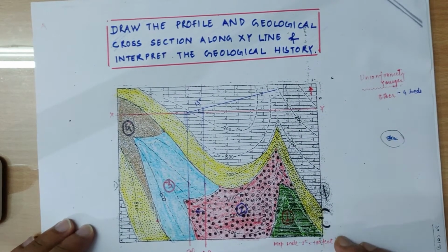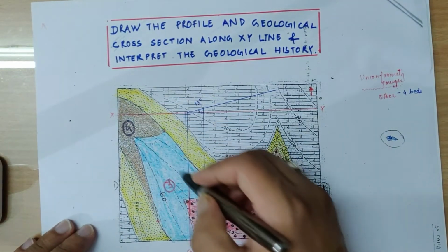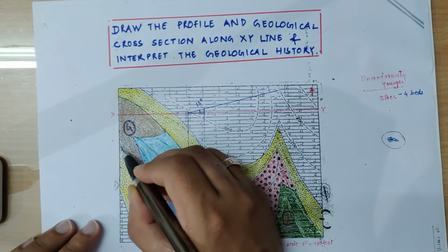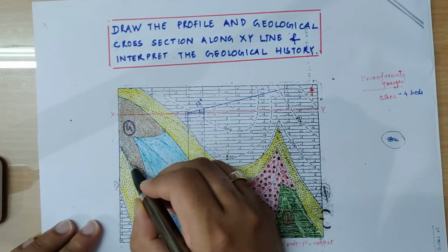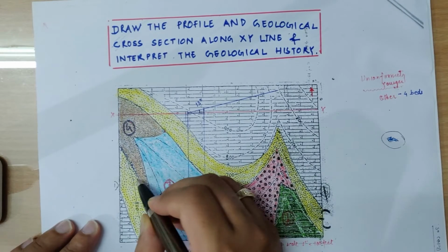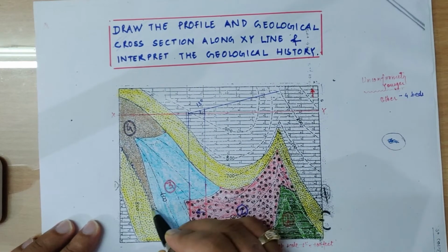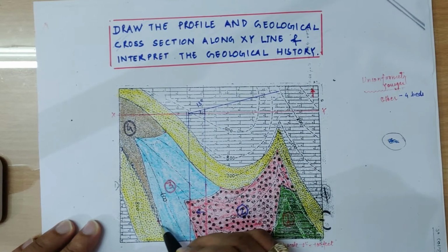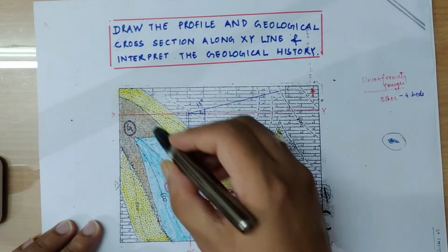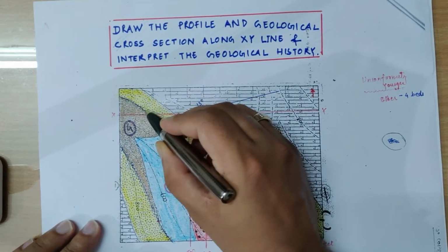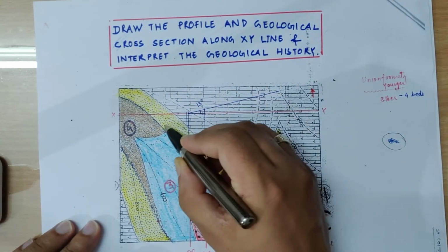Now we are left with the younger sequence, which is separated by an unconformity. So unconformity in any map is marked by zigzag lines. So whenever you get any map containing unconformity, mark the surface of unconformity with zigzag lines like this. This is again the same unconformity which is exposed over here as well.